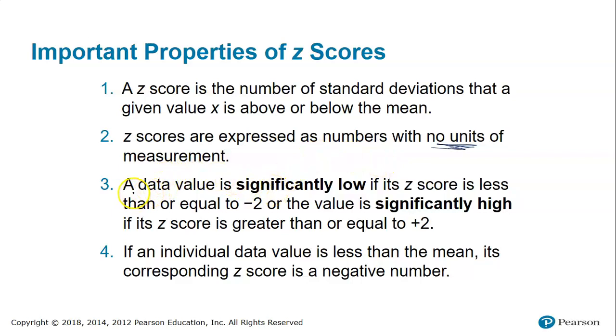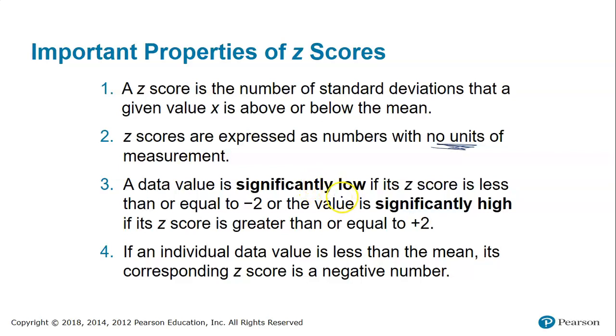The third bullet here that we want to talk about is a data value is significantly low if its z-score is less than or equal to -2, and is significantly high if the z-score is greater than or equal to +2. That goes back to the range rule of thumb, which says that basically it's significantly high if it's more than 2 standard deviations above the mean, and is significantly low if it's more than 2 standard deviations below the mean.